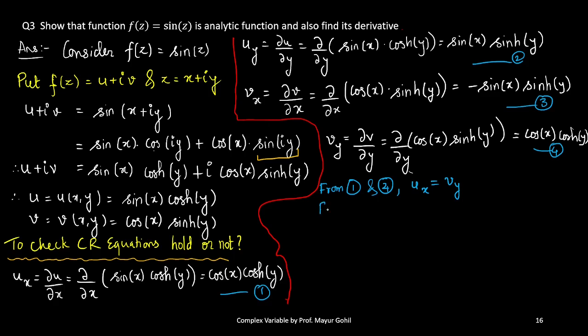And from 2 and 3 what we get is u suffix y is the negative of v suffix x. That is what we see. So this means to us that the CR equations are satisfied.